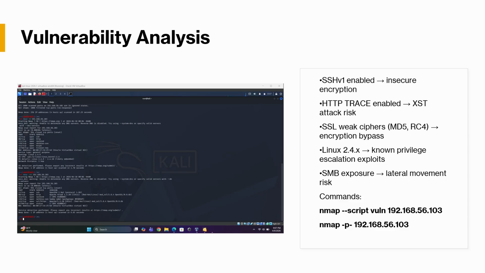As stated before, the HTTP TRACE method introduces the risk of cross-site tracing attacks where attackers can retrieve sensitive headers such as cookies. Finally, SMB exposure significantly increases the attack surface, as it is commonly targeted for enumeration and exploitation in legacy systems.